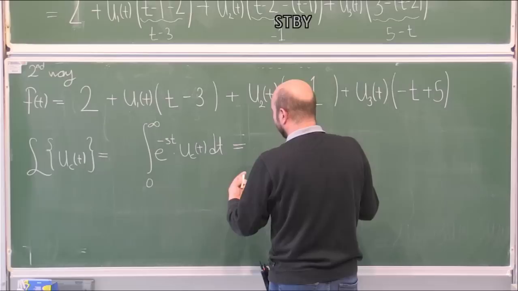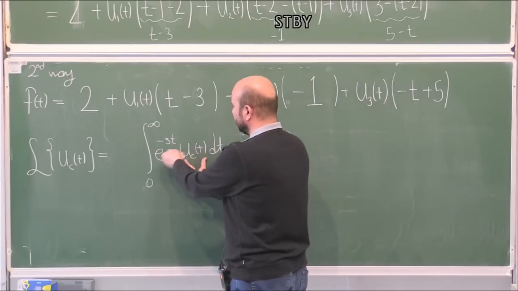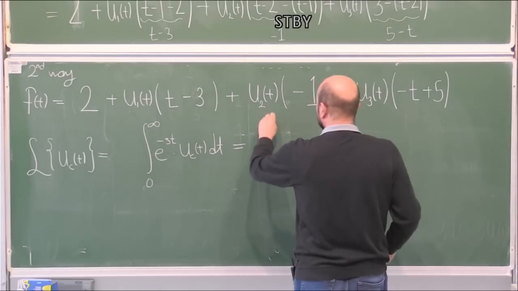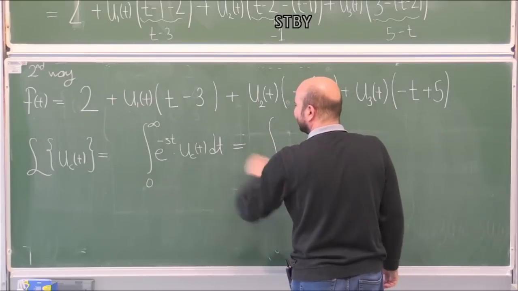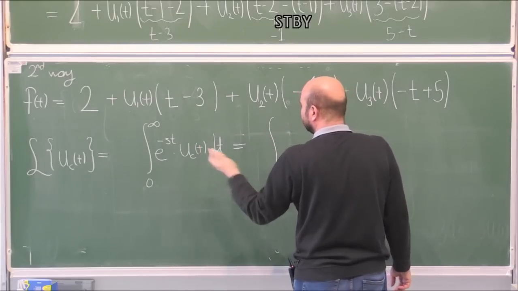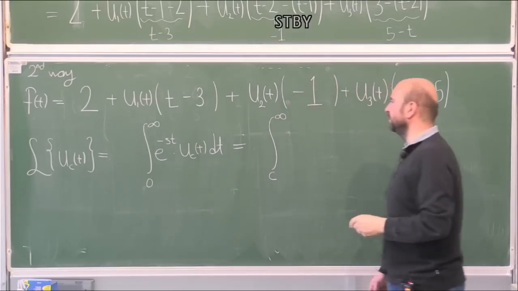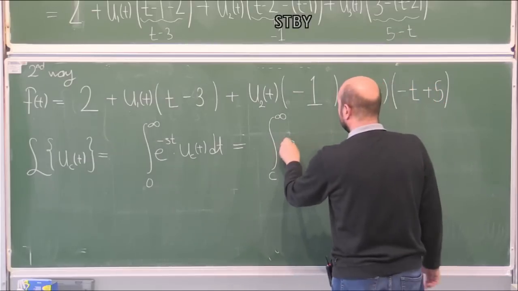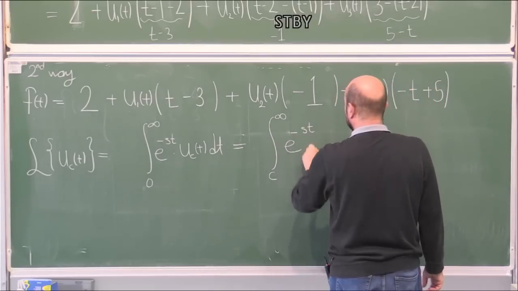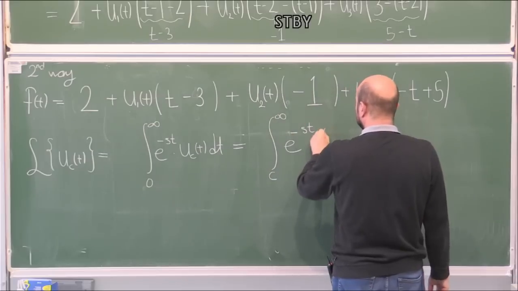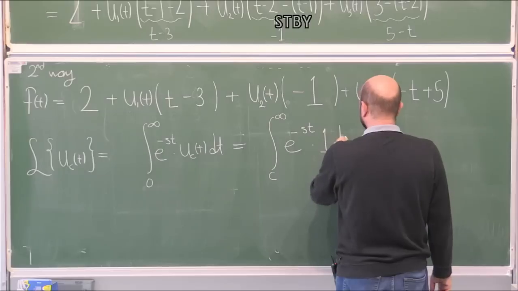So before c, this function is 0, and 0 times anything is 0. So I don't care about the integral from 0 to c because it's completely 0 there. So this is from c to infinity, and we have e to the minus st, and after c, it's the constant function 1, dt.